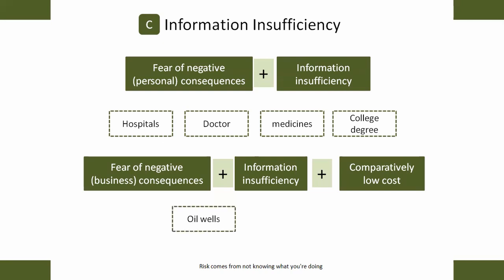For example, oil well, you know, you are drilling 200, 300, 500 feet down, and you don't want to risk a pump failure there. Or you might be in a business in which you are launching rockets. So if it fails, the cost is so high, you don't mind buying a product which is little more costly. So this was information insufficiency, which kind of forces customers to choose your product or services.